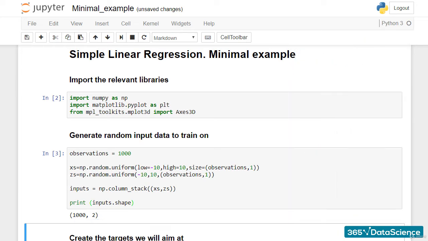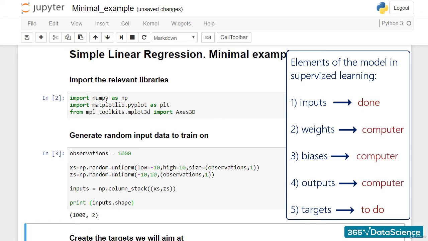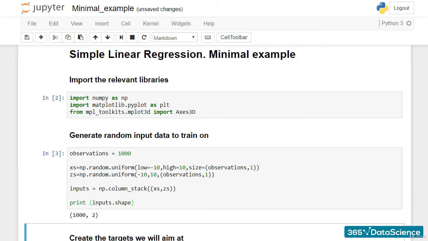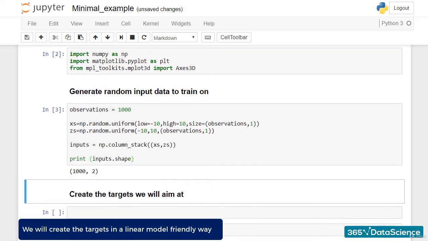Okay. In supervised learning, we must know two major parameters: inputs and targets. We'll also have to generate targets. The weights and the biases are varied through the algorithm, and the outputs are the result from the model employed. We'll leave them to the computer. Okay, since we have only seen the linear model, we will do that in a linear model-friendly way.